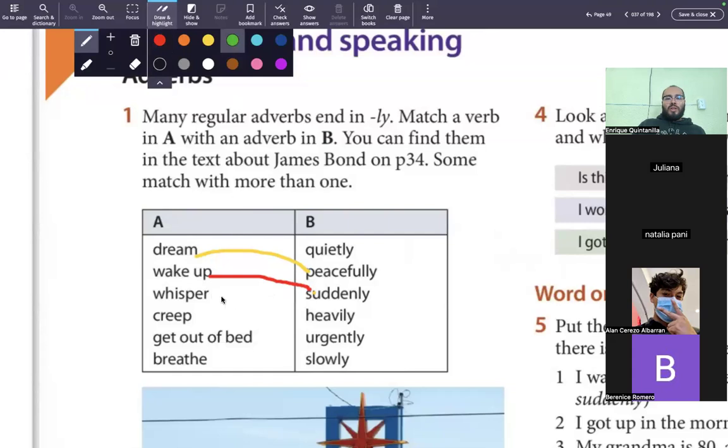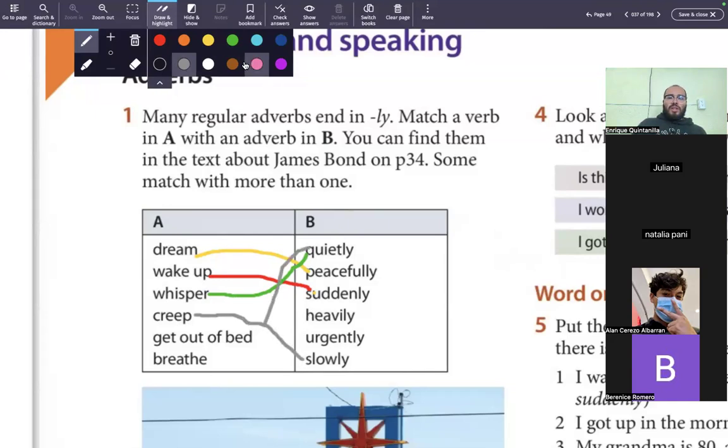Whisper quietly. Creep slowly, puede ser, creep quietly.